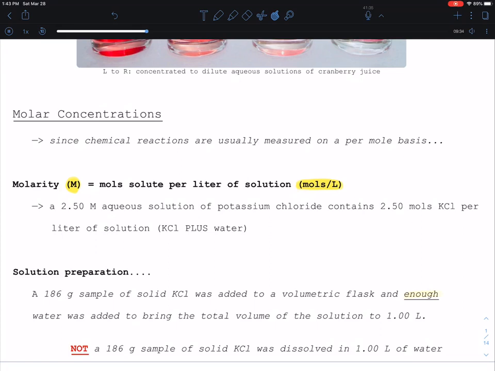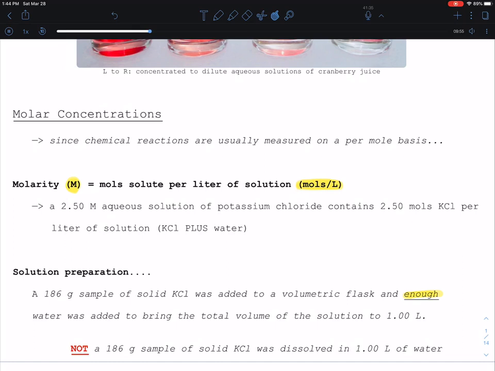What you're not going to say is, I'm going to take 186 grams of solid potassium chloride and dissolve it in a liter of water. You are not adding a liter of water. You're adding enough water such that the total volume of the solution equals 1 liter. There's a big difference there.